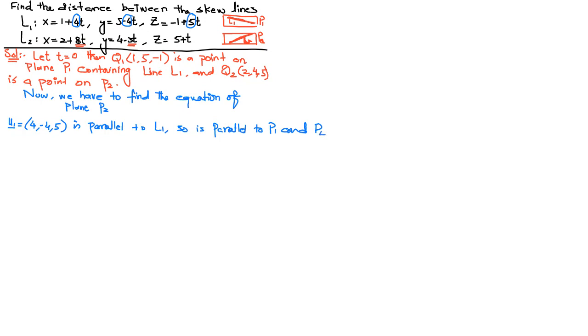Similarly, you can find vector u2, which is equal to 8, minus 3 and 1. It's parallel to line 2, so it's parallel to P1 and P2.